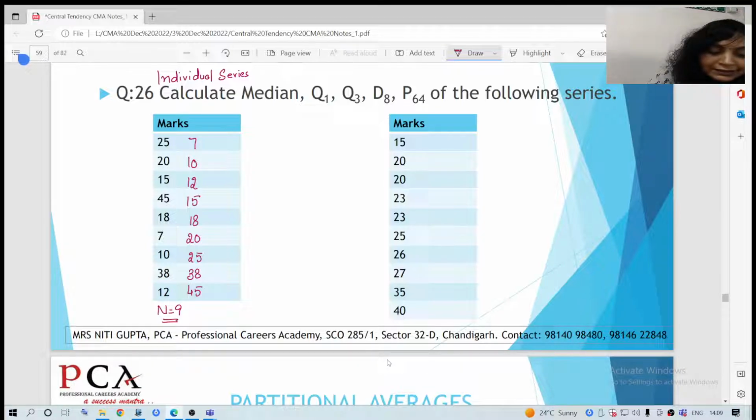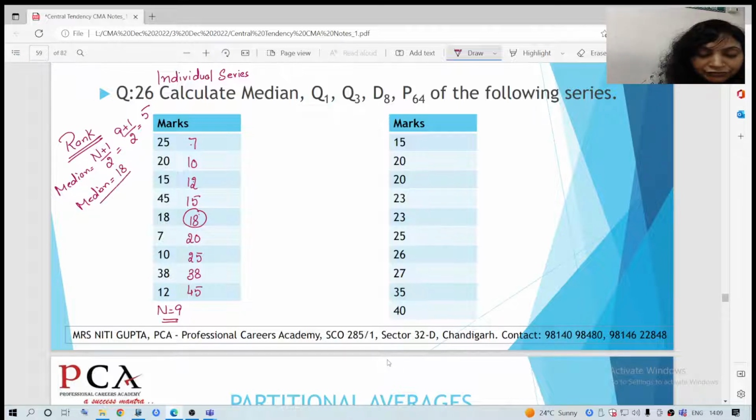Now I want to find the rank. Second step, rank. To find the median, the rank of median is n plus 1 by 2, that is 9 plus 1 by 2, that is 5. That means the item at 5th position, 1, 2, 3, 4, 5. So my median is 18 because this is the item which lies on the 5th position.